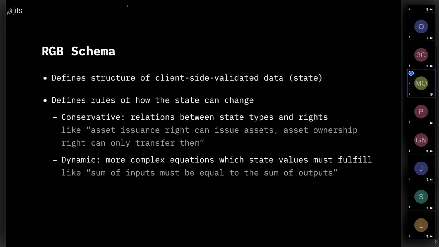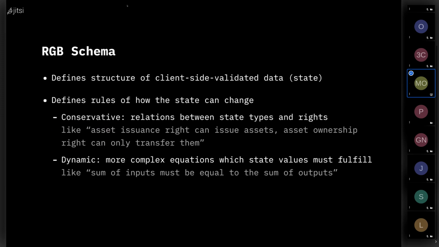So schema defines what rights exist in the client-side validated world. And also, of course, in addition to rights, there are metadata and all the ecosystem around this data. But in addition to the structure, the schema defines rules of how the state can change, what we just talked about on the previous slide. And these rules split into two categories.